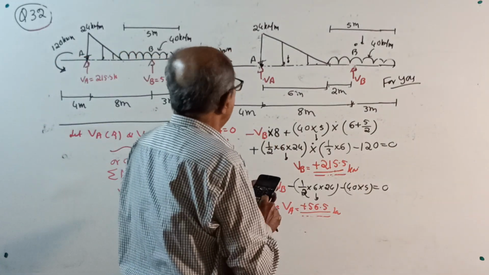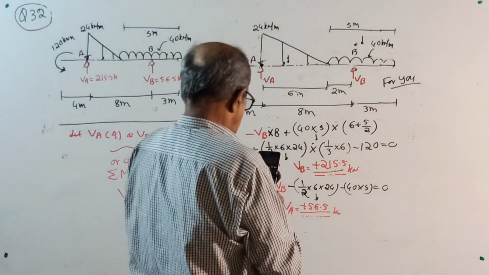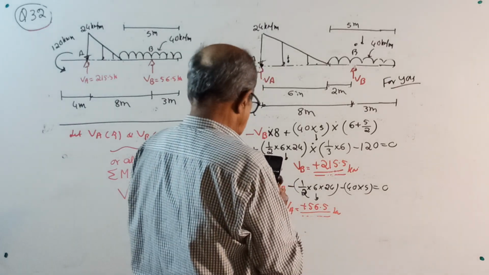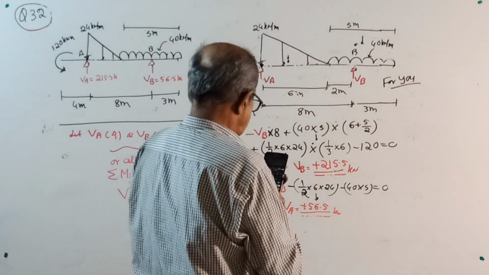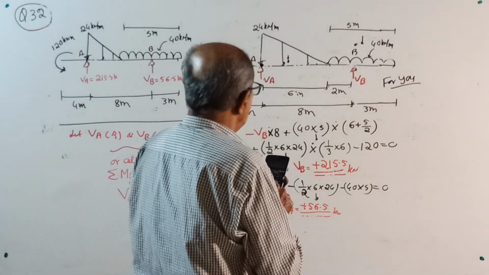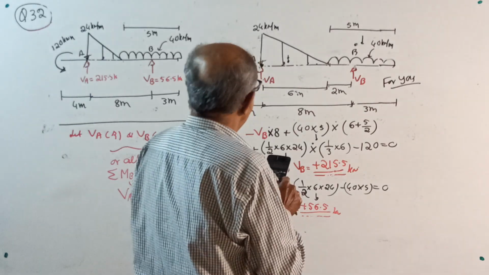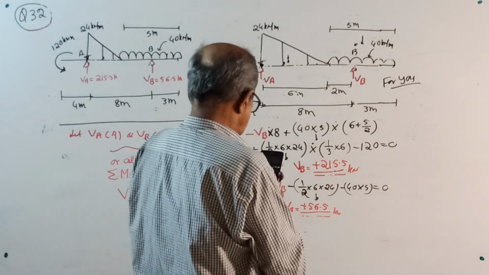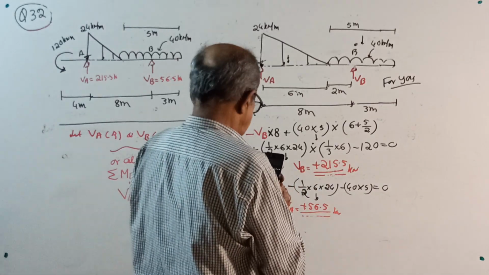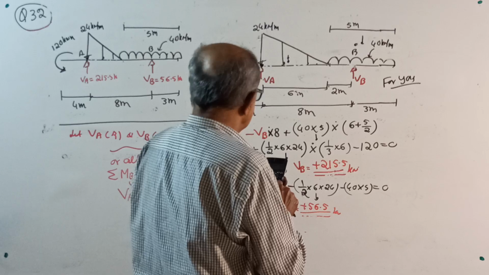I check once again. One minute, no problem. Half into 6 into 24 into 1 by 3 of 6, plus 40 into total 5 into bracket 6 plus 5 by 2, over, minus 120, divided by 8. Again some problem here.